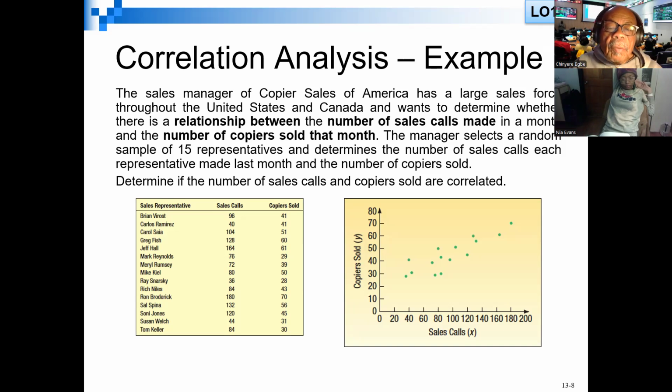So for each salesperson, the number of copiers they sell will depend on the number of calls. Your ability as a salesperson to sell a copier depends on whether the person you are calling would like to own a copier or is considering buying one, but also on the ability of the potential customer to pay for it.